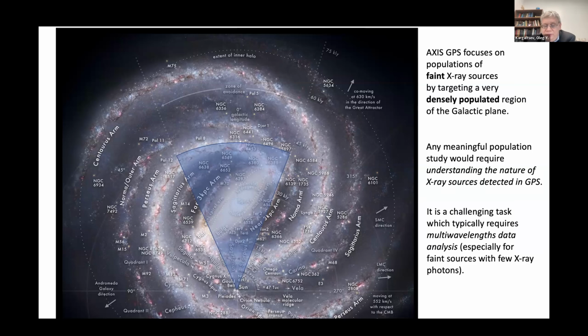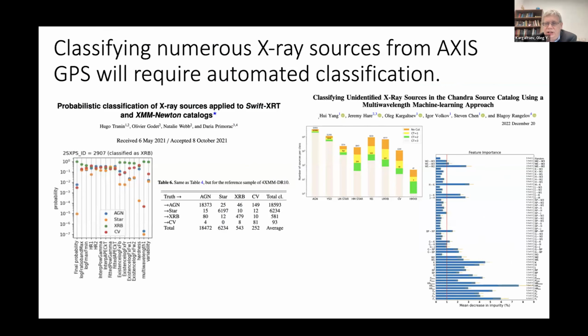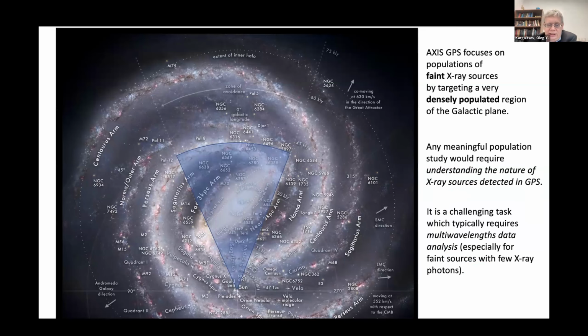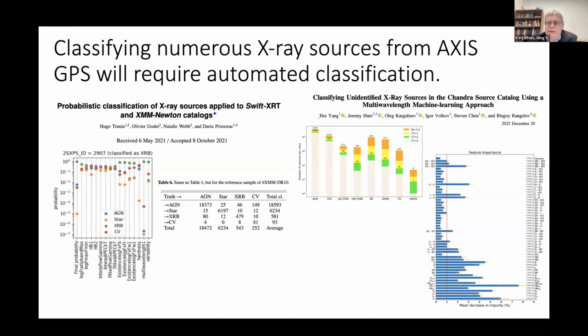But most of these sources in the GPS area will not have a huge amount of X-ray photons detected. Therefore, multi-wavelength information is very important for the classifications. But for that, you need to be able to assign those multi-wavelength counterparts. And this will be a challenge. I'll illustrate it later in a slide, because it is a densely populated region.